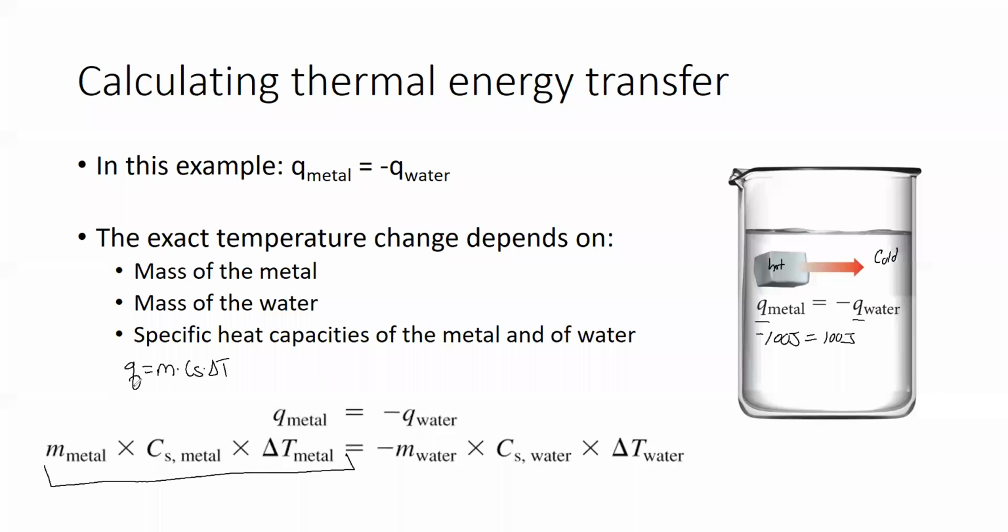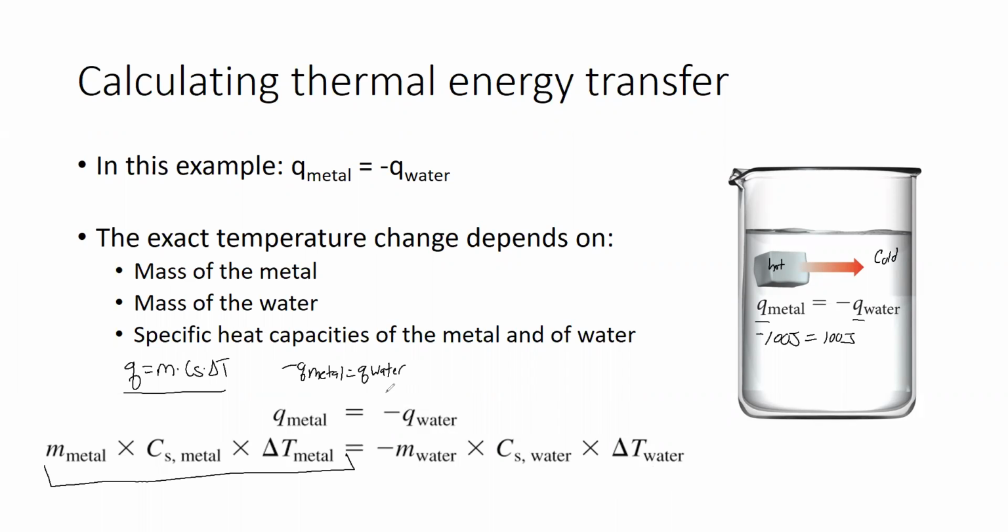Same equation, but now mass of water, Cs of water, delta T of water. A common question I always get is, does it matter which side the negative sign's on? It does not. Q metal equals negative Q water is the same thing as negative Q metal equals Q water.